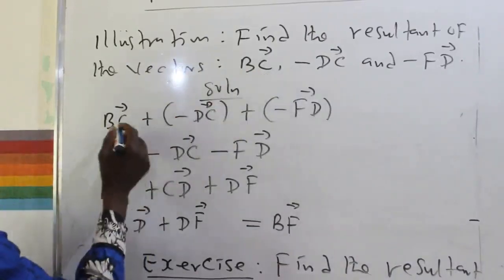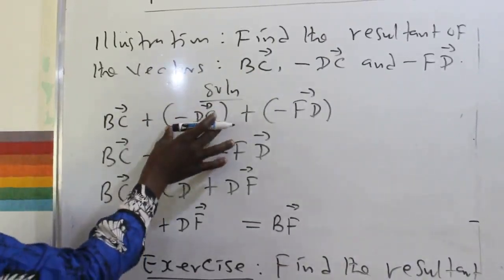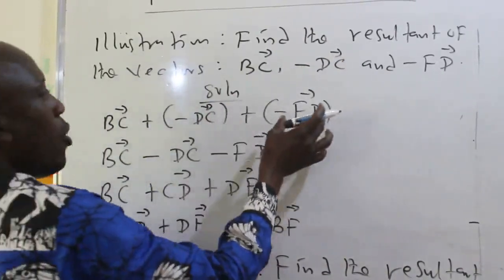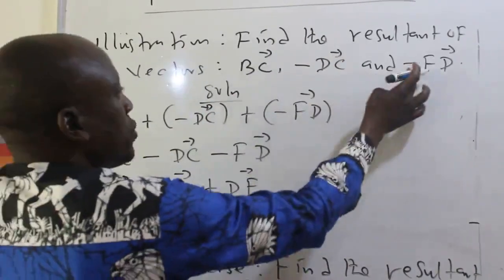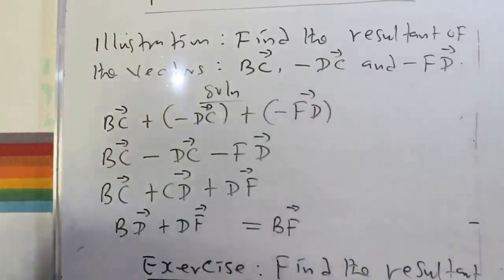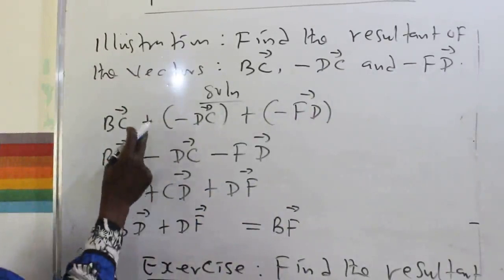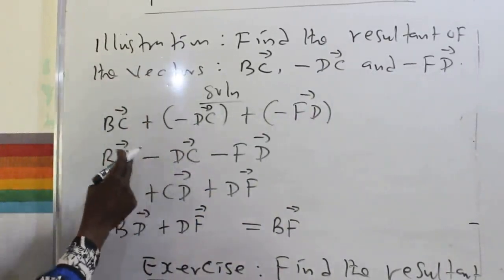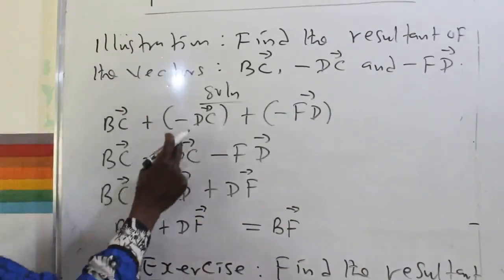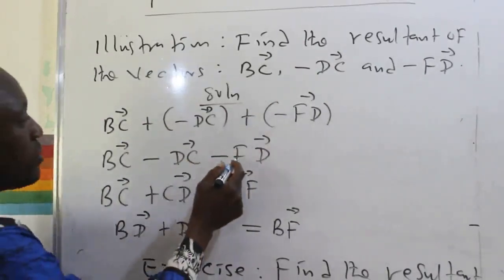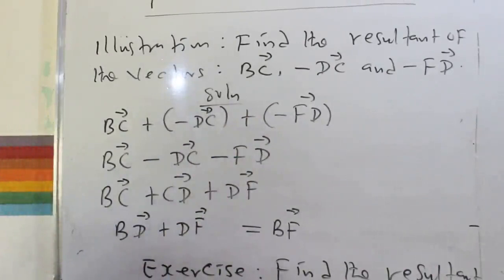We have BC plus, open bracket, minus vector DC, plus, open bracket, minus vector FD. If you open the brackets, plus minus is minus, so vector BC minus vector DC minus vector FD.